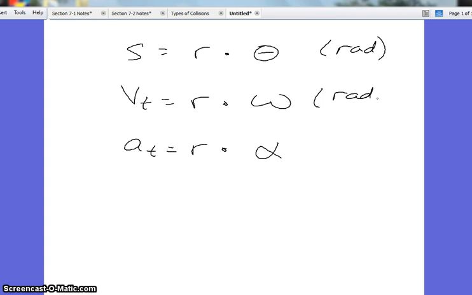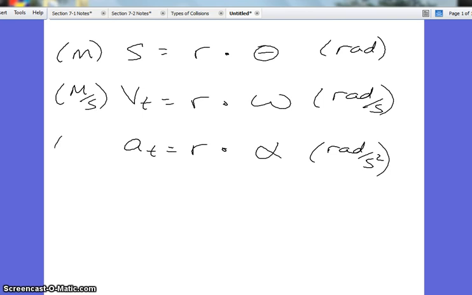Radians for angular displacement, radians per second for angular velocity, and radians per second squared for angular acceleration. This will give us meters and meters per second and meters per second squared for our tangential values. So English letters are going to be meters, and Greek letters are going to be radians.